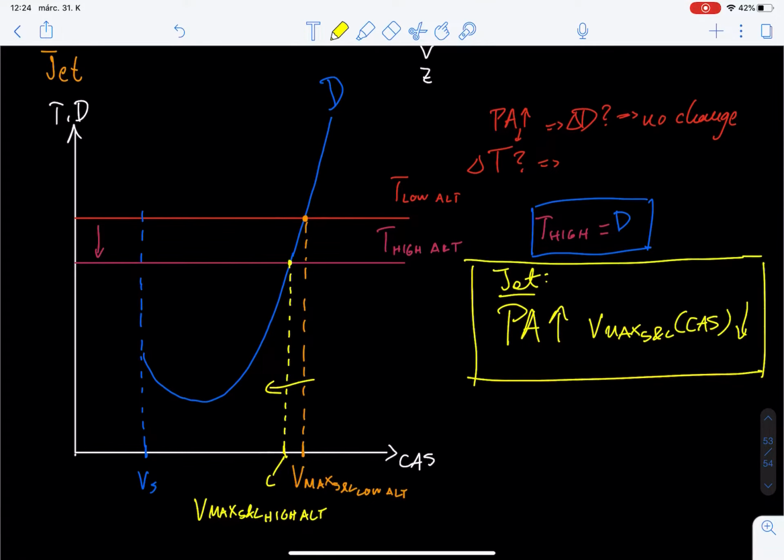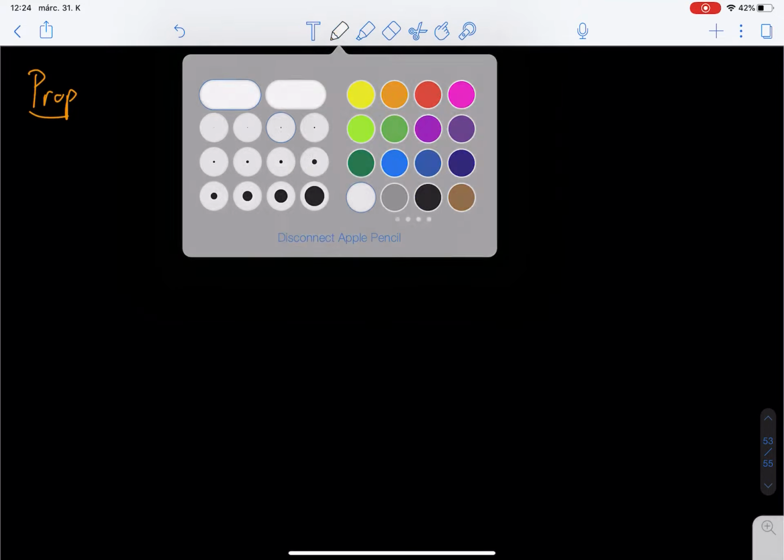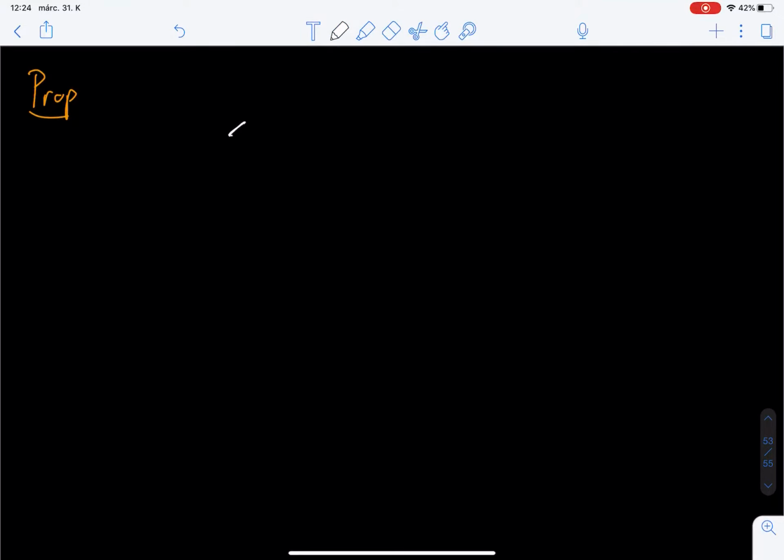Okay, now let's examine the same exact thing for the propeller-driven aircraft. So for the propeller-driven aircraft, we're looking at the same exact equation. So you have, I don't know, like a -8. Here you have the propeller.